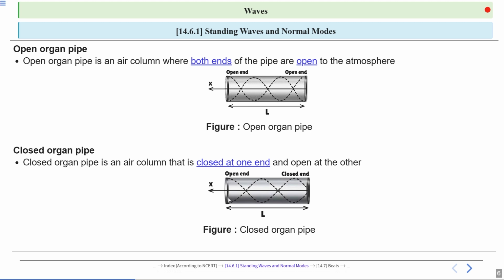The given figure illustrates a standing wave within a closed organ pipe of length L, which has one open end and one closed end. The dashed line represents the displacement of air particles.